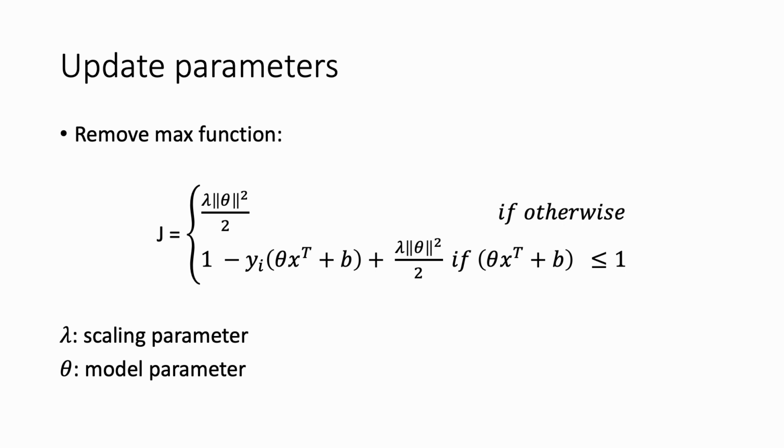Then to update the parameters, we should remove the max function by this equation. The loss will be this function if the condition, the restriction, is lower than 1, and zero otherwise.